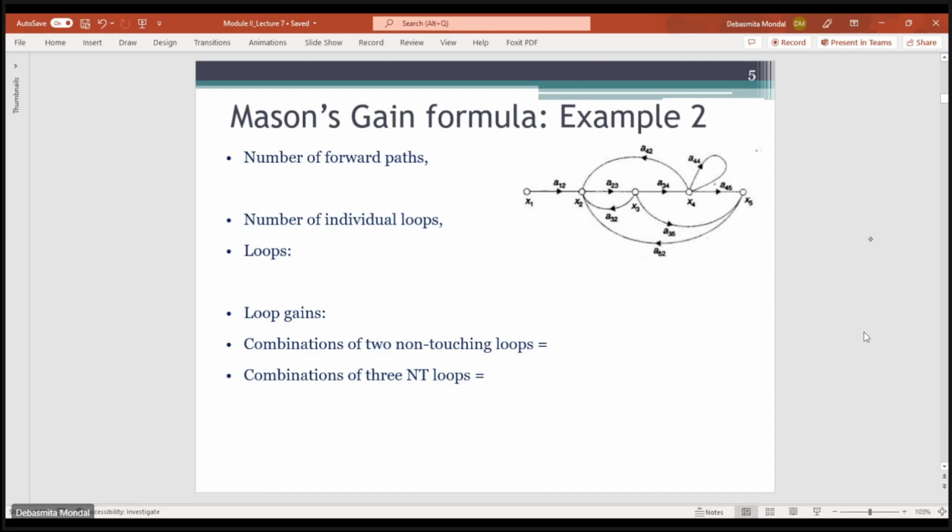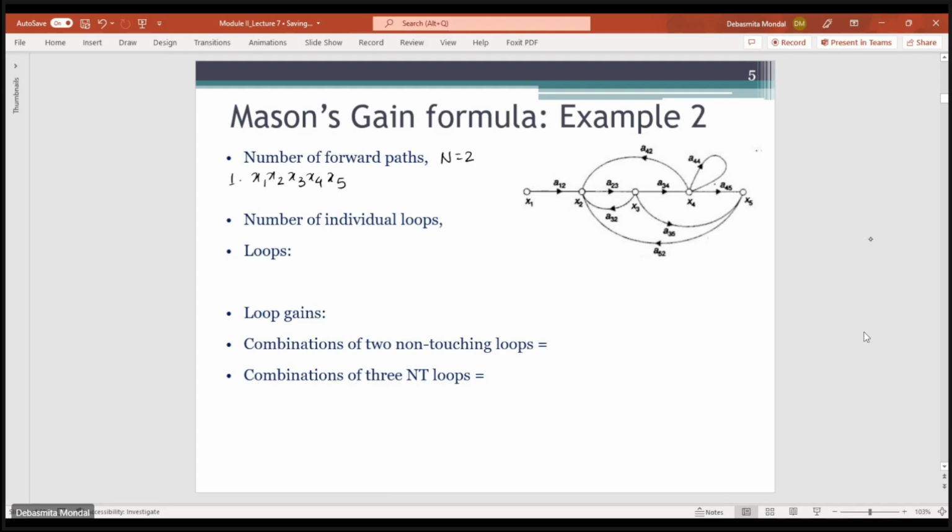So here also you see the number of forward paths in this signal flow graph: the value of n is equal to 2. Forward path number 1 starts from x1, x2, x3, x4, x5.